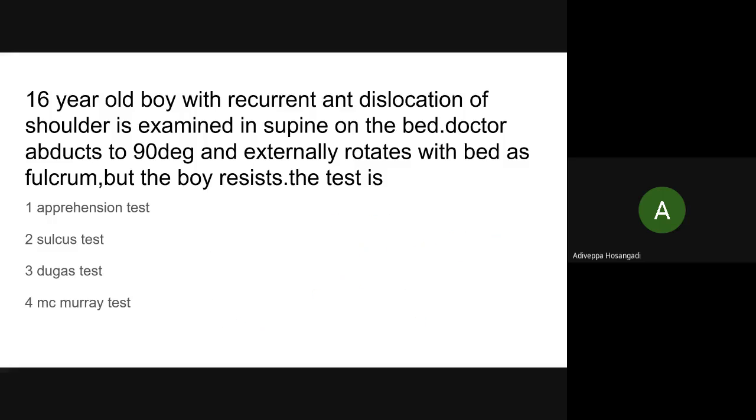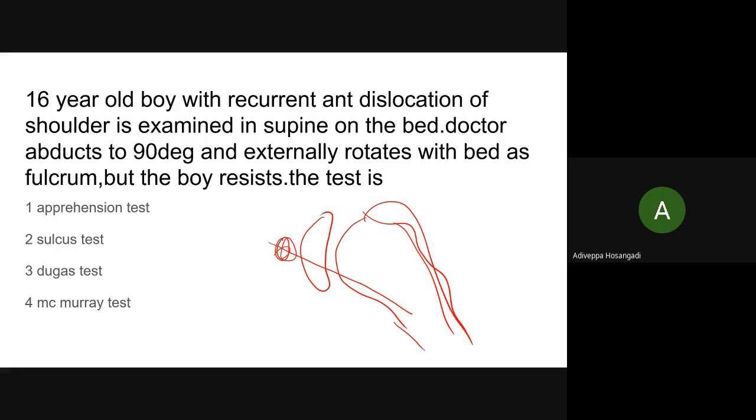One more is Bristow's or Latarjet. In the Latarjet procedure, there is a coracoid here, isn't it? So coracoid gives origin to what? Coracobrachialis, from the tip of the coracoid. I will not go into the anatomy.